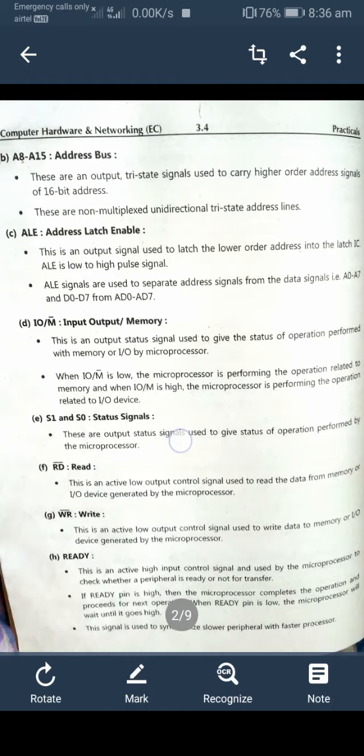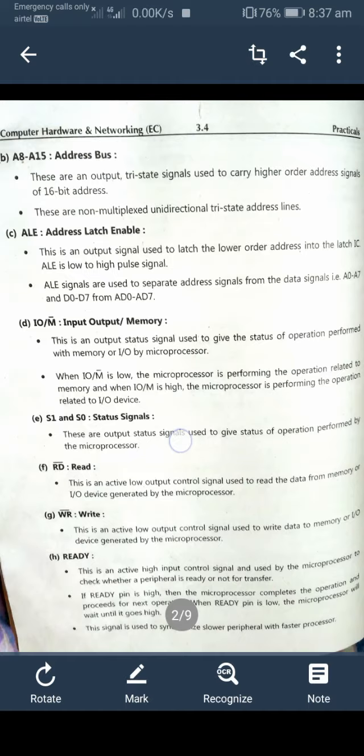READY. This is an active high input control signal used by the microprocessor to check whether the peripheral is ready or not for transfer. If the READY pin is high, then the microprocessor completes the operation and proceeds to the next operation.